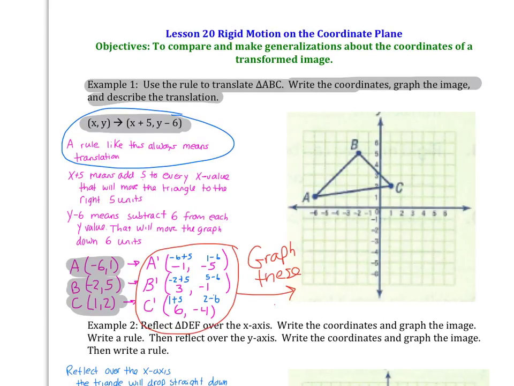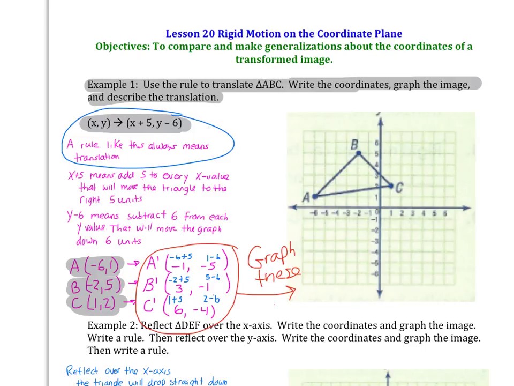That just means any ordered pair, and then it has an arrow. So the arrow means you're going to do some type of transformation. It says x plus 5, y minus 6, which means you're going to add 5 onto every one of your x values, and you're going to subtract 6 from every one of your y values.